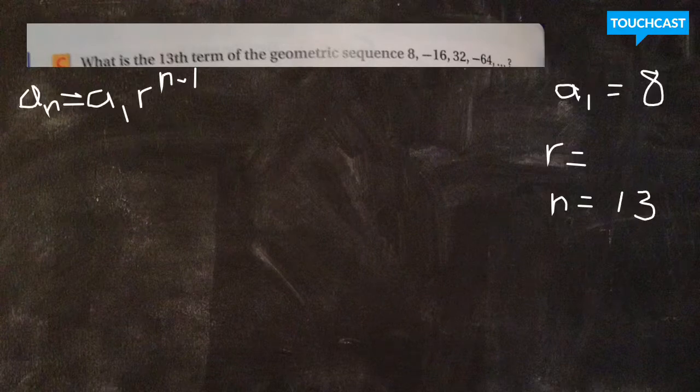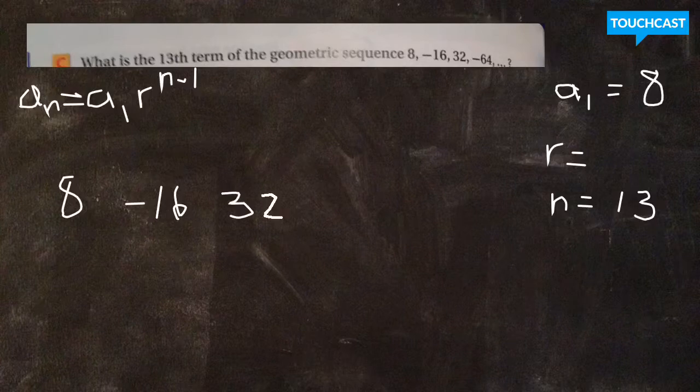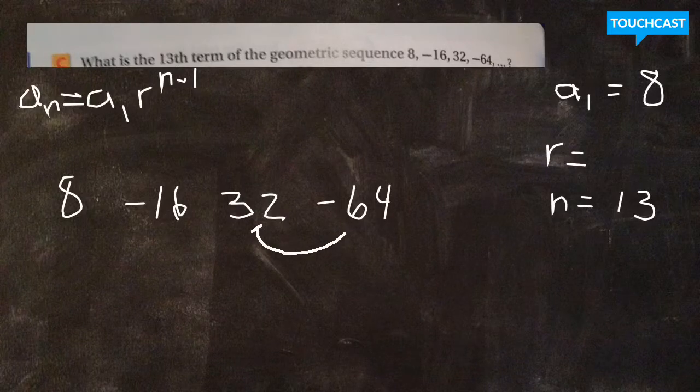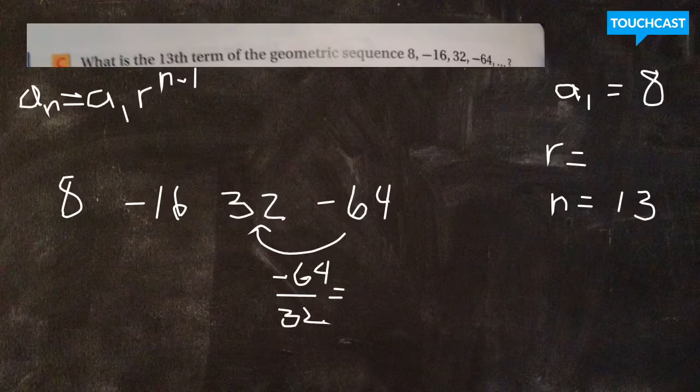So now let's try to figure out what r is. We're going to set up our sequence 8, negative 16, 32, and negative 64, and we're going to divide each term by the term before it. So we're going to go negative 64 over 32, which is just negative 2.